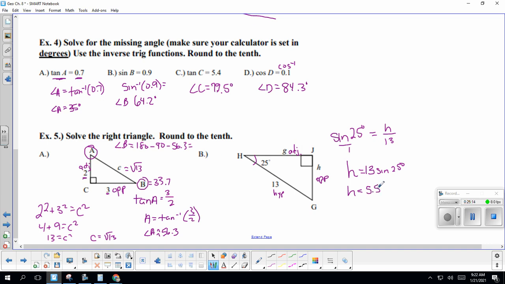And then let's go ahead and use Pythagorean Theorem to find our G. So we go minus 5.5 squared.